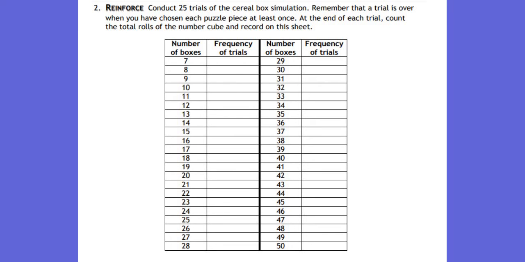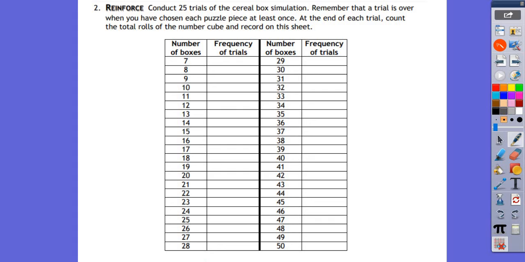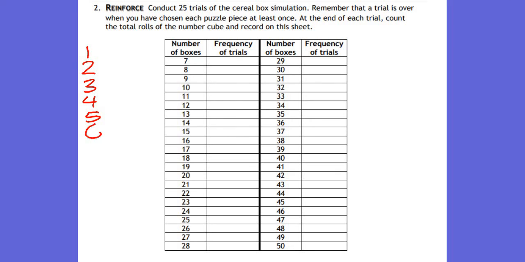You're not moving yet, but you're going to have a scratch paper, and on that scratch paper you would probably need to write 1 through 6. Okay? Watching me up here, so you're not confused. I need to see how many rolls it takes me to get all 6 sides, or 6 puzzle pieces.